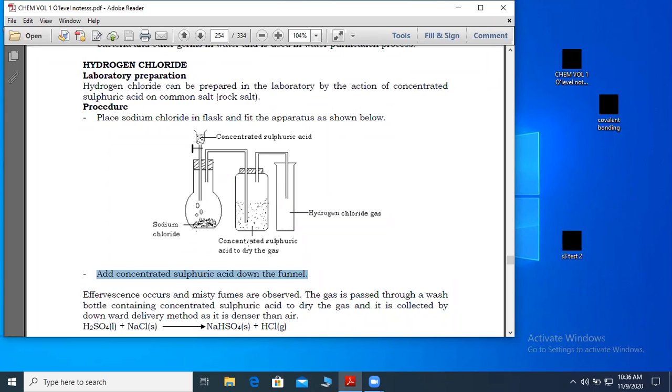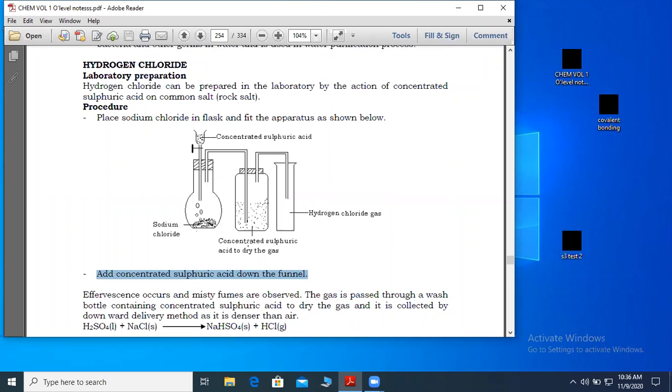I want you to note this, that all acidic gases are dried using concentrated sulfuric acid. We looked at carbon dioxide gas, which is acidic. Why is it acidic?